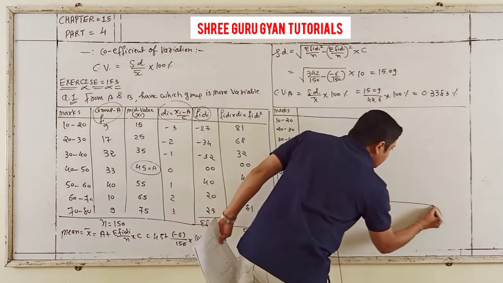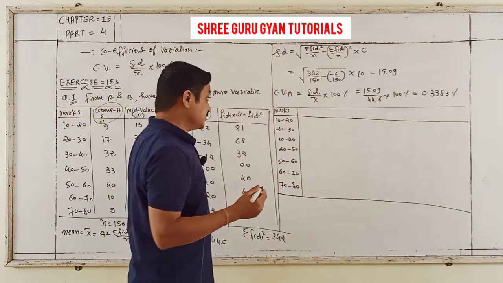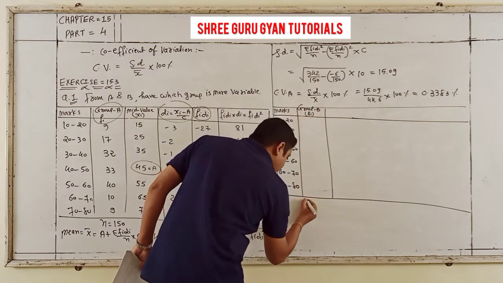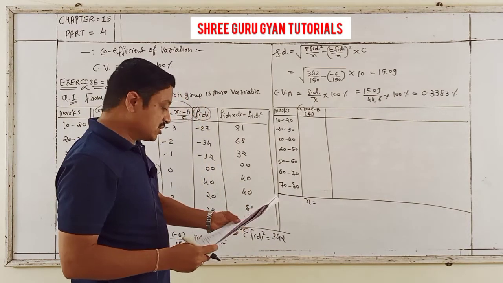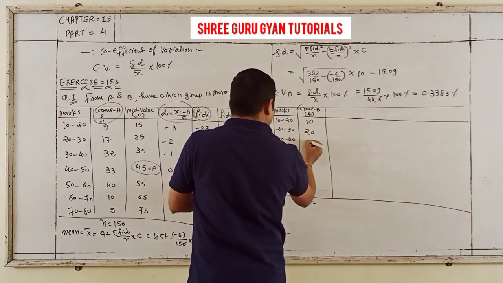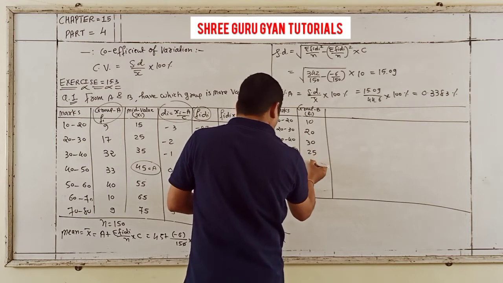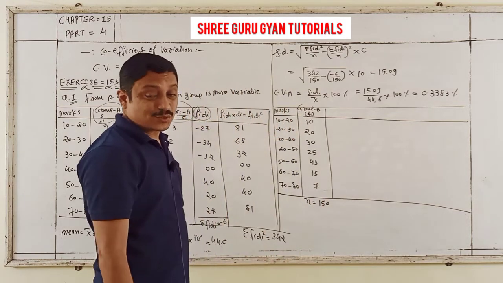Those are the given values, and the frequencies are given for group B. I will make the total here and then find the mean. In group B the observations given are 10, 20, 30, 25, 43, 15, and 7, and adding them the total is 150.